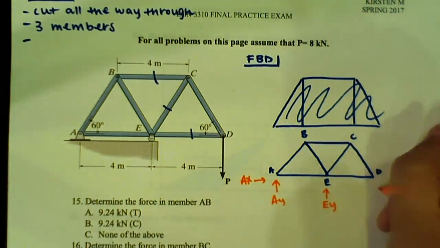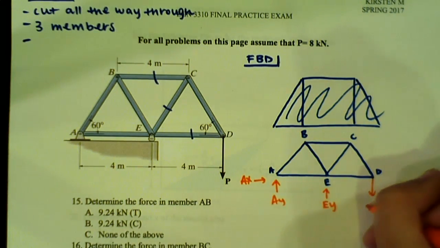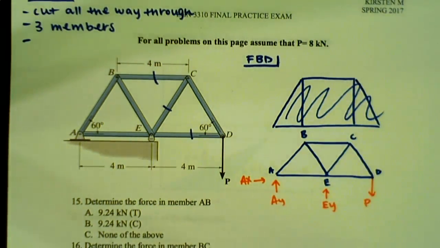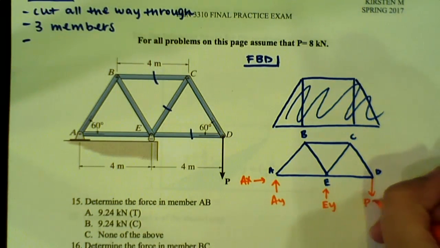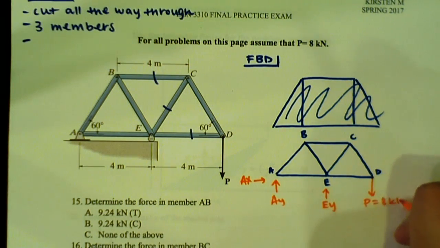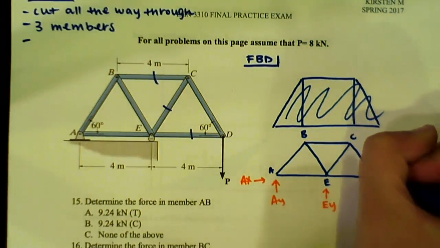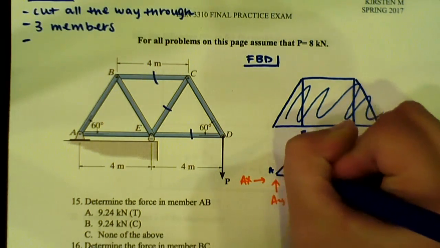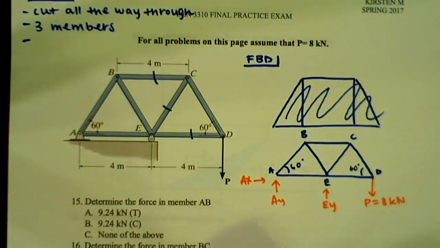And then we have P over here, that the problem tells us to assume is equal to 8. It also tells us that this is 60 degrees and this is 60 degrees, but that doesn't really matter.